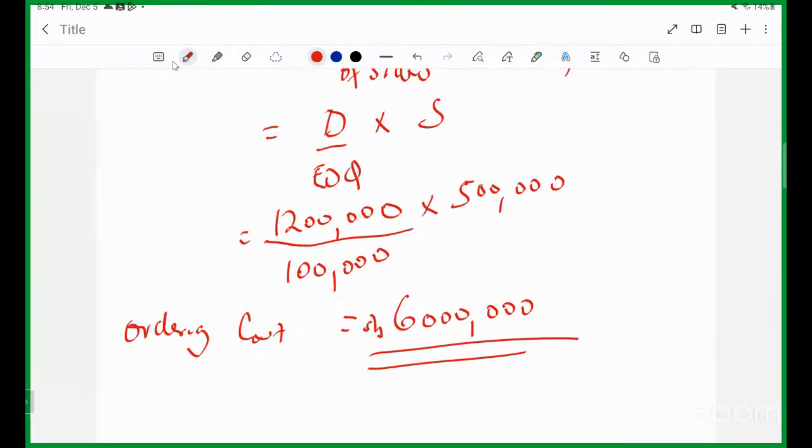Why are we calling it EOQ? Well, first of all, the word EOQ means economic order quantity. It means quantity. As much as I'm calling it EOQ, that is the quantity that they were having apparently. Maybe I can call it Q, quantity. But just know it represents the current order quantity.